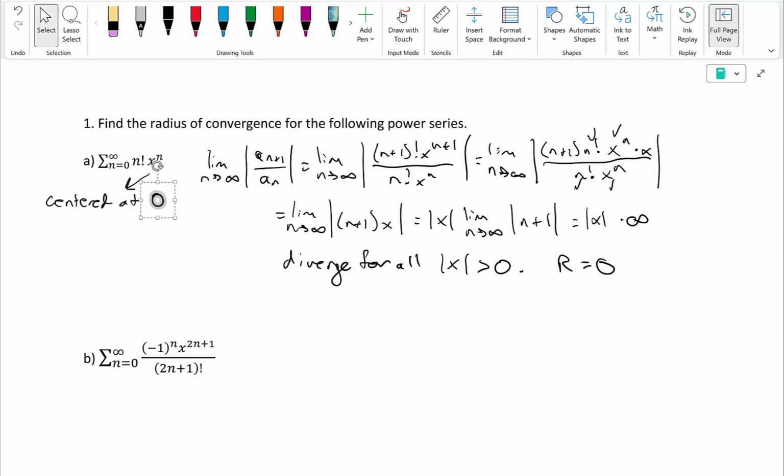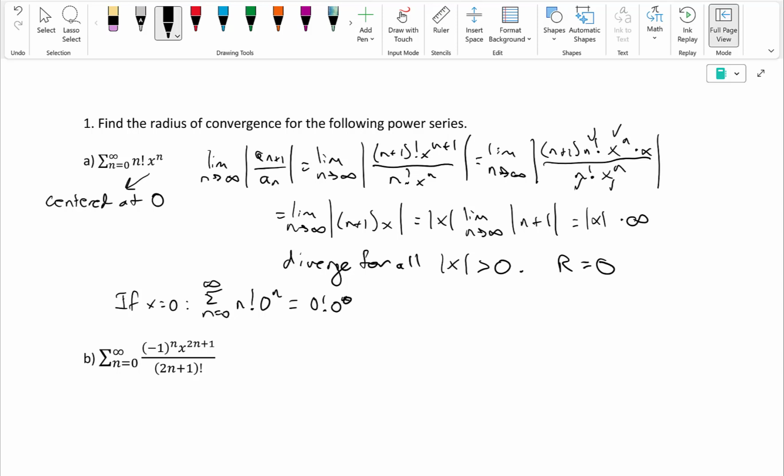And so we won't usually show it, but we could write it out once just to see it. If x equals 0, we've got our summation from n equals 0 to infinity of n factorial times 0 to the n. We'd have 0 factorial times 0 to the 0, both of those defined to be 1.